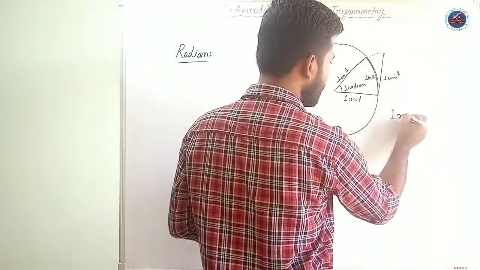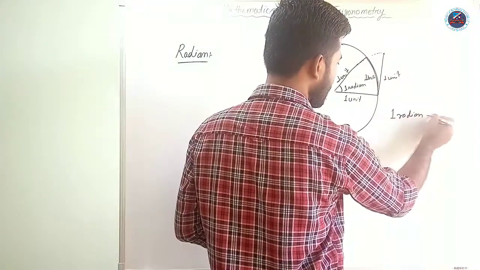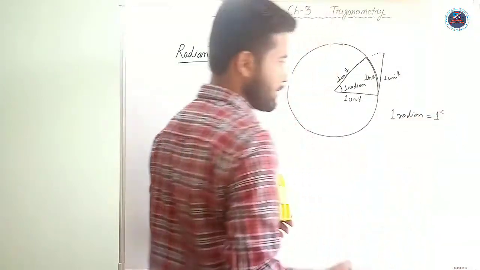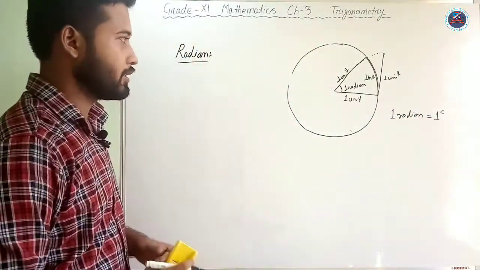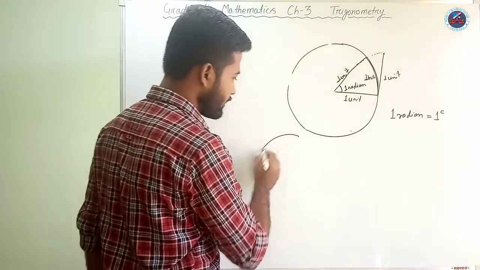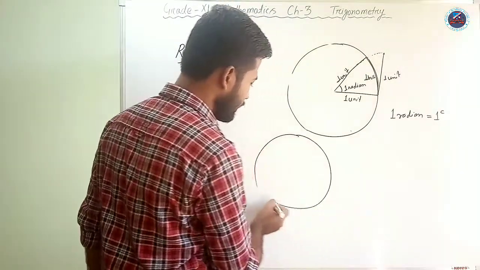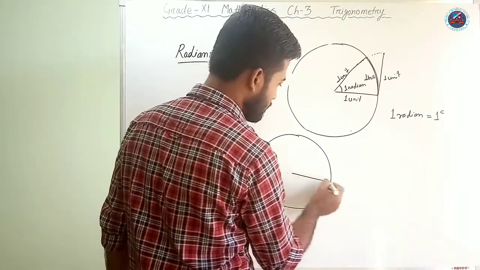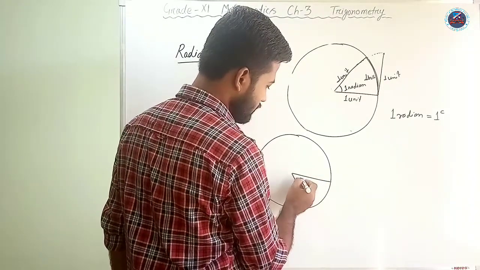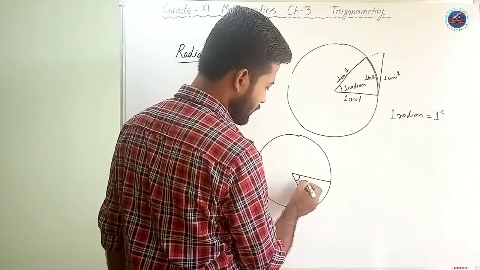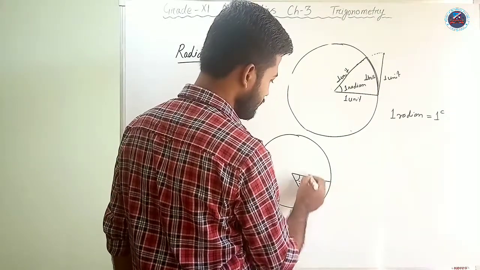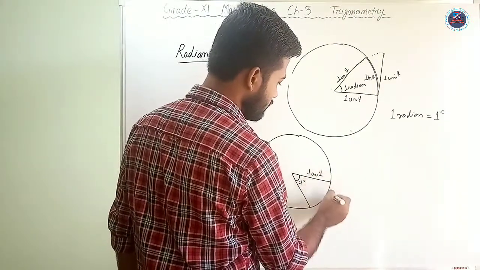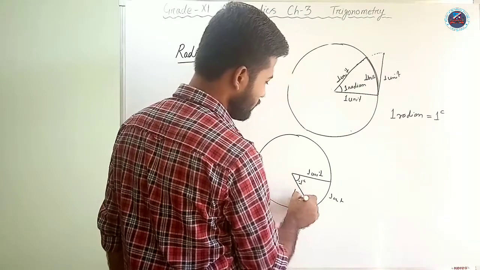Also, 1 radian can be written as 1 with a c in the superscript. Another example, if I take a negative angle, if this is our initial side, then this is called -1 radian. Okay, so 1 unit, 1 unit, 1 unit.